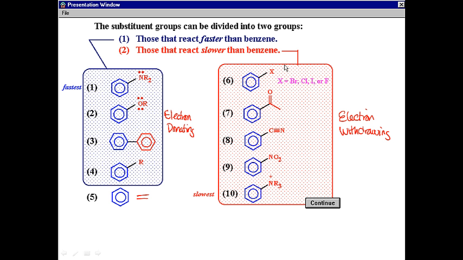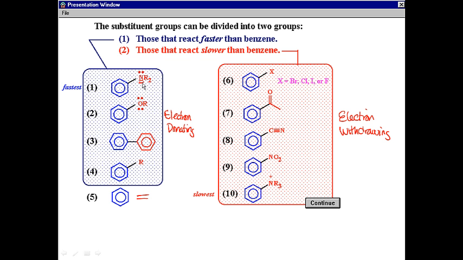Now, we'll talk about why each one of these is electron donating or withdrawing over the course of the next couple of minutes. But this is experimentally what we find. The most donating groups are groups where you have a nitrogen attached to the ring with a lone pair.